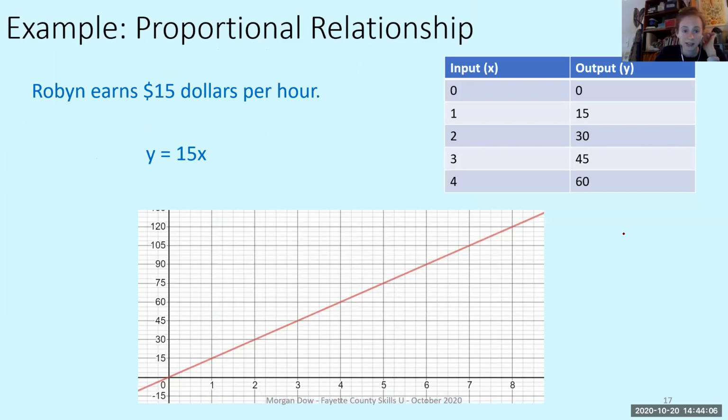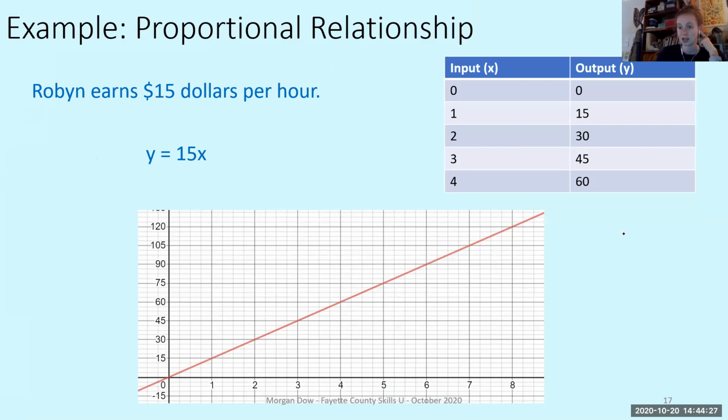So, for example, this situation that we've talked about with Robin earning $15 per hour, right? Last week, the first thing we said was it's a function. And then at the beginning of the lesson today, we said it's a linear function. But now we can actually see that it is a proportional relationship.